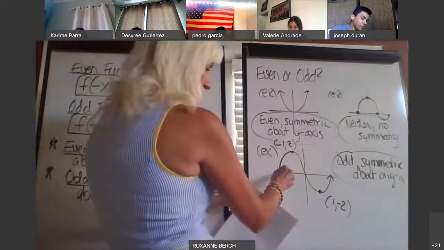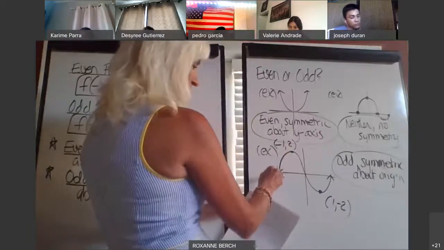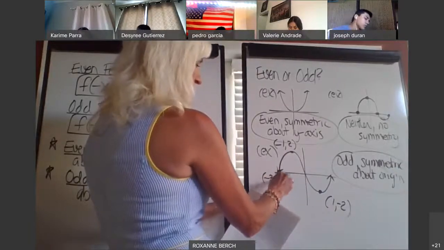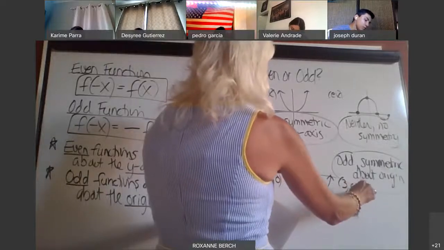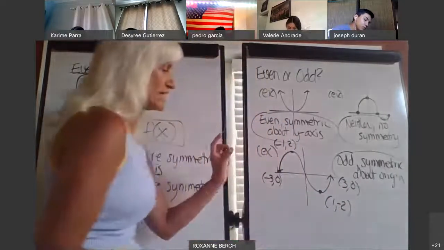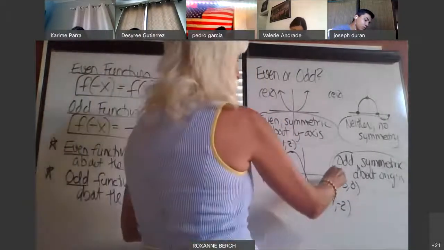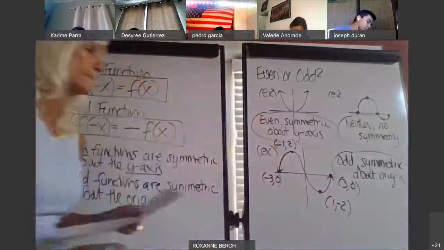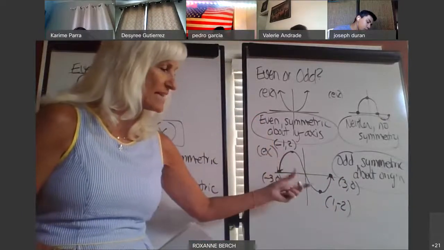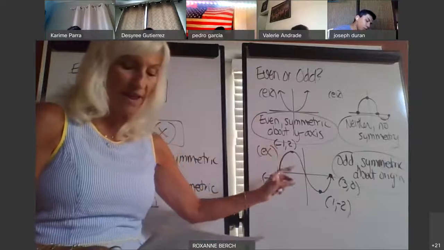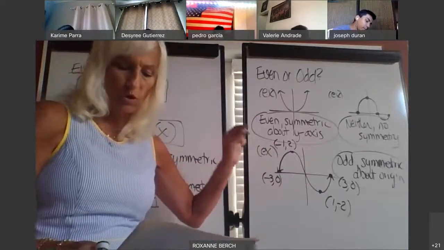So let's say this point right here was, I'm just making this up, left 3, 0. This would be right 3, 0. They're exactly opposite signs. So when the signs of the ordered pairs are exactly opposite for both x and y, that's symmetry about the origin.